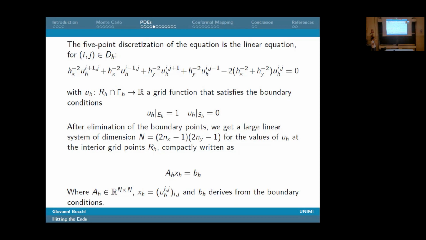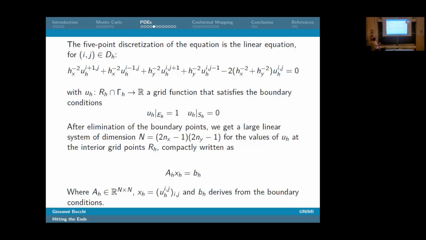So for this, after eliminating the boundary points, we can essentially unravel the solution into a big vector. This is x_h. So essentially, here u_h is expressed as a matrix with two indexes.